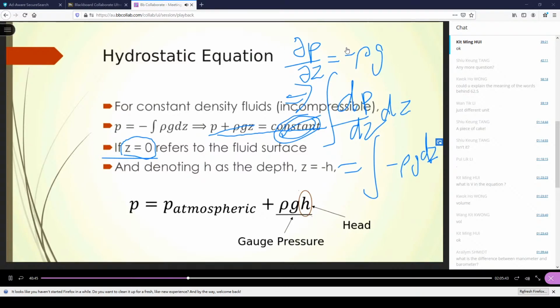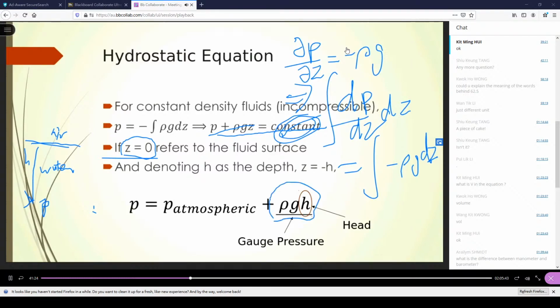If you are diving into water, and this is water, and this is air here, if you go down, the pressure here will be equal to this equation, right? And h is the depth that you go to, right? So far so good, right? And this is the gauge pressure. We call this gauge pressure.